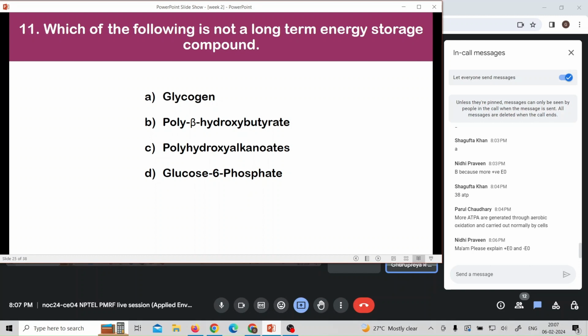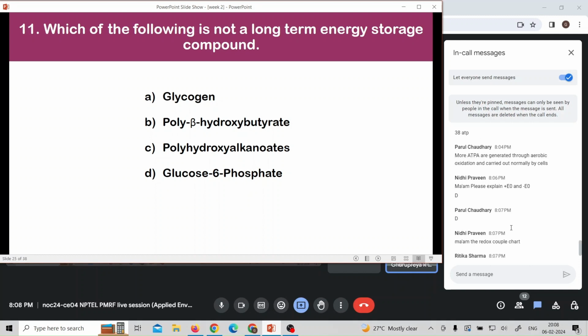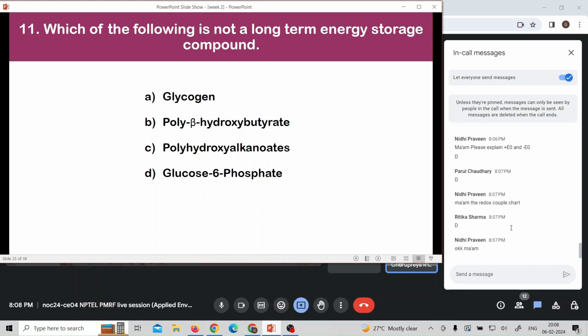Okay, you want me to explain the redox lever? Okay, I'll do it. Okay, for the 11th question, I got 3D. Any more answers?